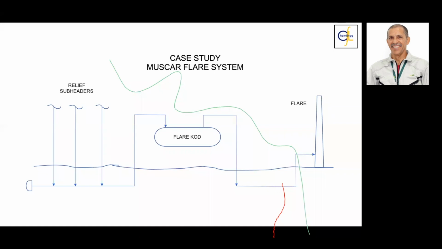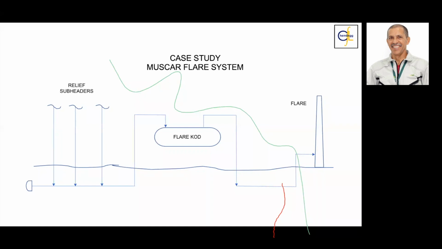And then the recommendation of this study is to install a new flare header, now not on the ground, but above ground, draining freely to the flare knockout drum. And then we have to do something here as well.